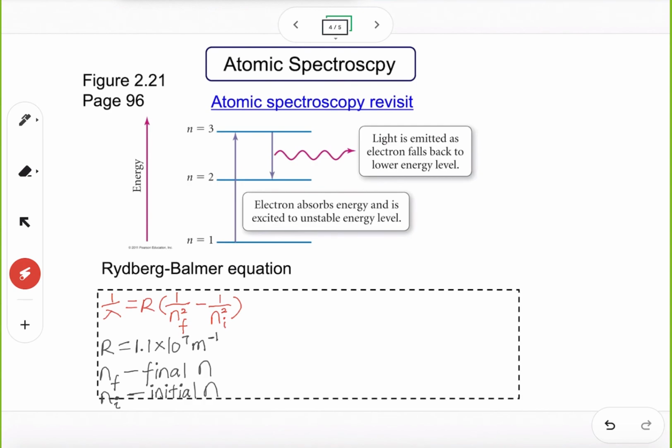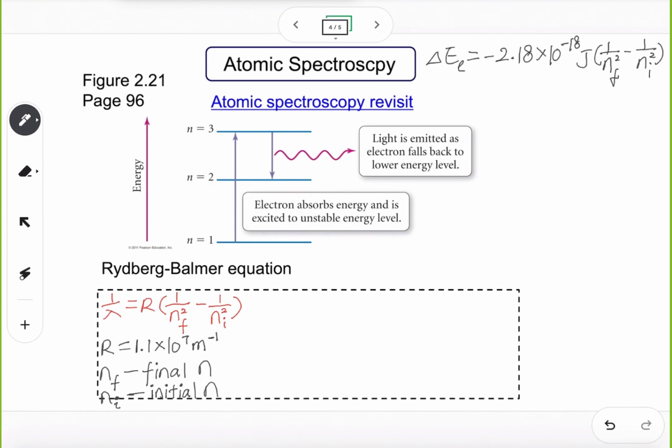In your textbook, they used a different equation, and let me write it here. Delta E equals negative E electron equals 2.18 times 10 to the negative 18 joule times (1 over NF squared minus 1 over NI squared). And then delta E equals negative delta E photon, and then you can calculate the energy of the photon.